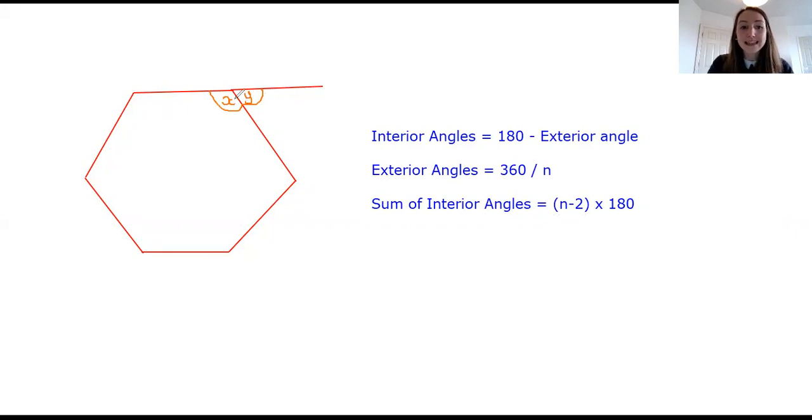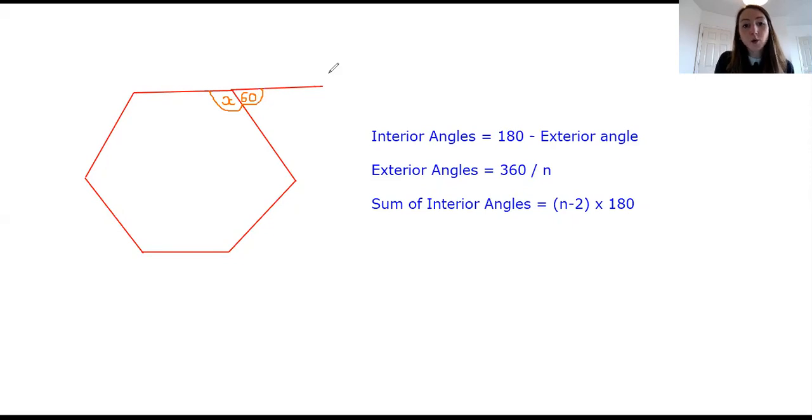And my Y is the exterior angle, the angle outside that polygon. And you can see we can work out the interior angle by doing 180 minus the exterior. So for example, if I told you that the exterior angle was 60 degrees, we could work out that the interior angle is 120, because we do 180 minus 60. With me so far? Good.